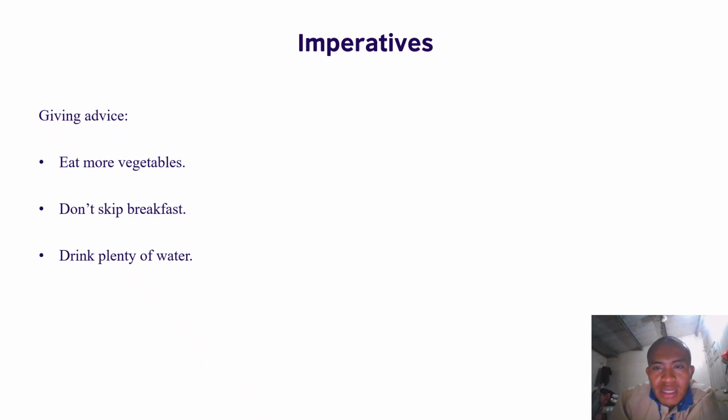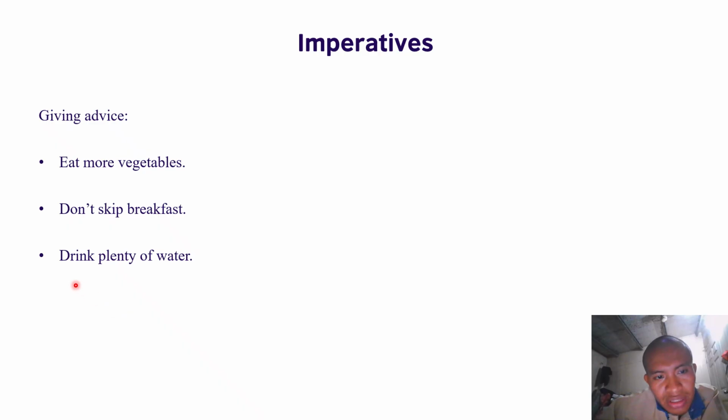Imperative. By imperative, we mean orders, commands. When we give instructions on how to do something, we use the imperative. We drop the "to" in front of the verb. Instead of saying "to eat more vegetables," we just say "eat more vegetables." Don't skip breakfast.